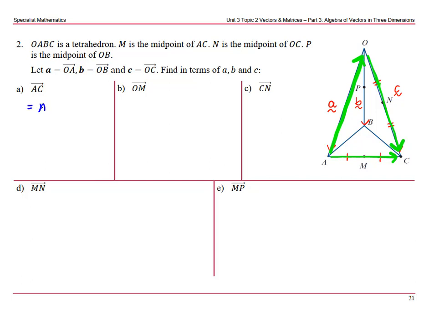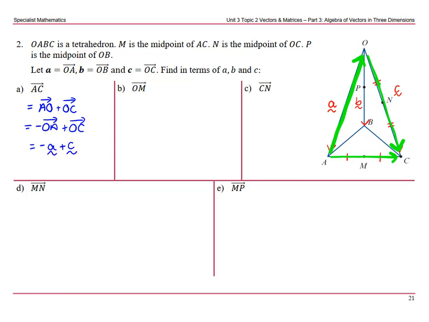So this equals vector AO plus vector OC, which is negative OA plus OC, which is negative A plus C.